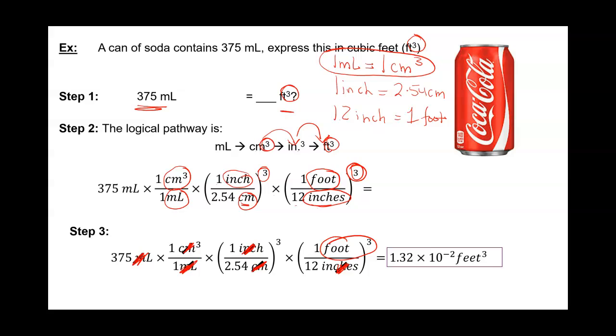So at that point, I put everything into my calculator, and then whatever answer I get, I'm going to round to 3 significant figures. So that's a pretty complicated example.